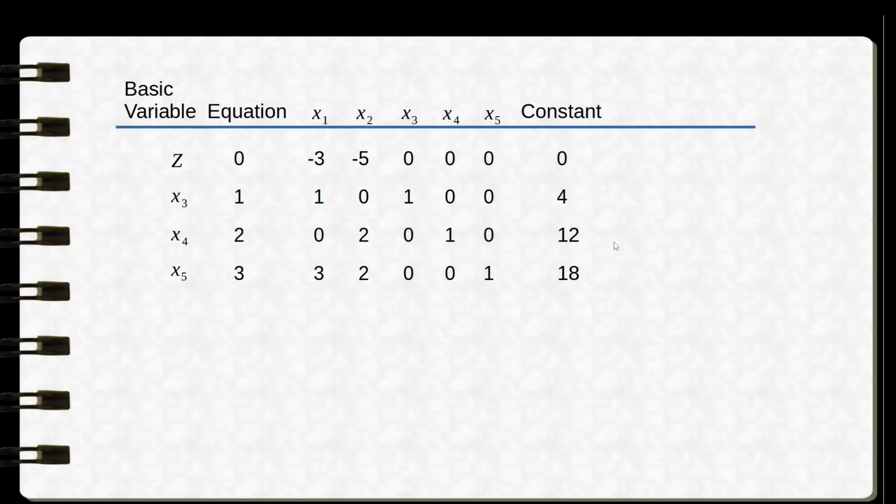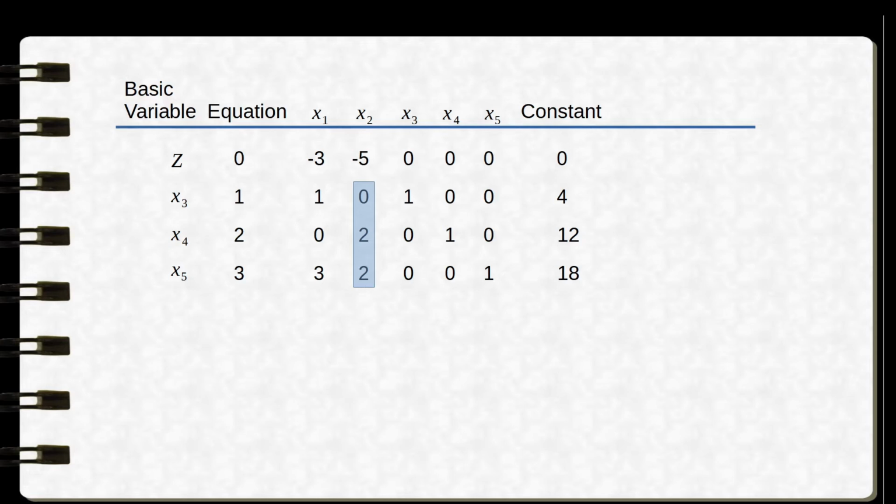We study this matrix and find out the highest negative entry in the first equation, that is equation number 0. We make a box in the column. So we have made a box over -5 in equation 0.